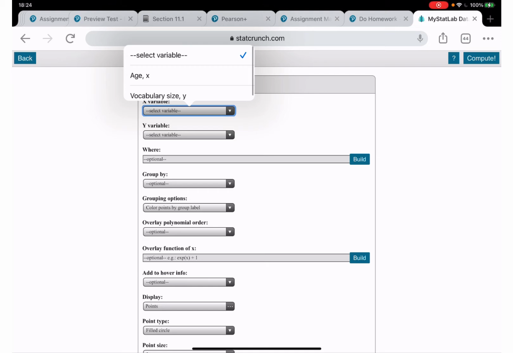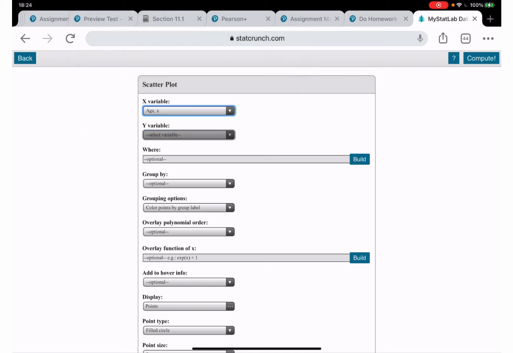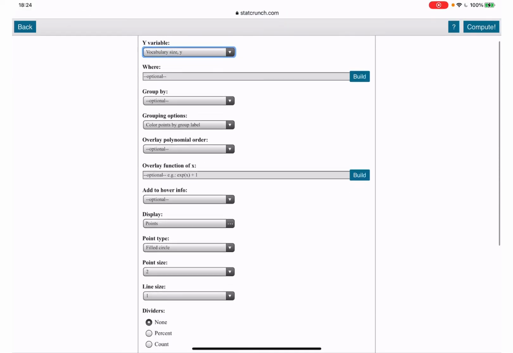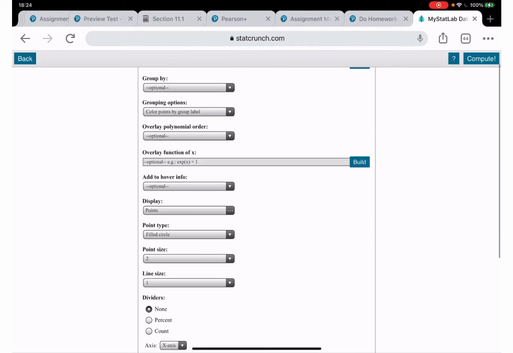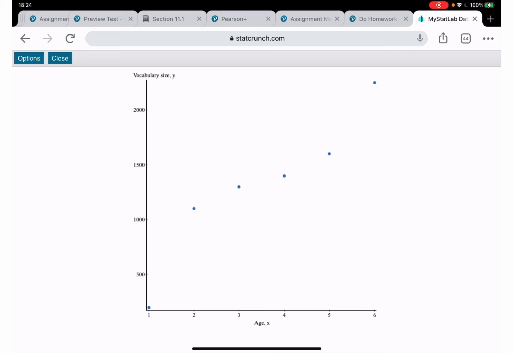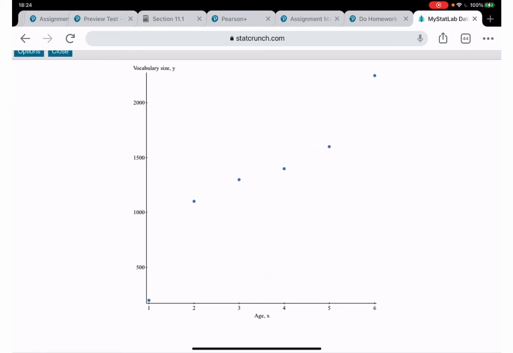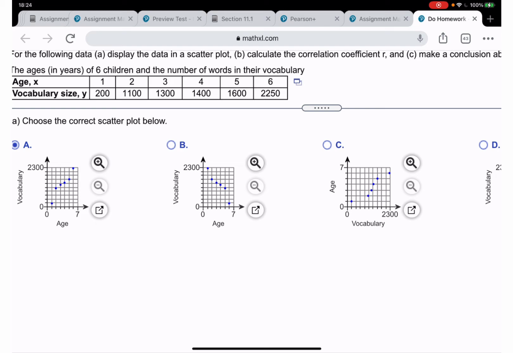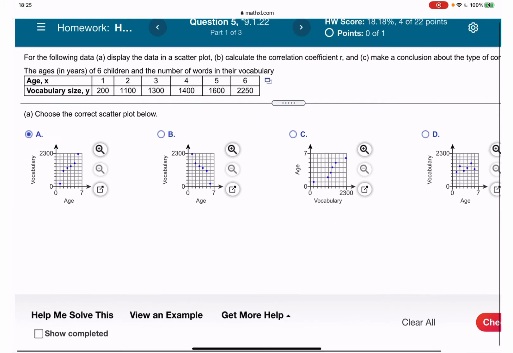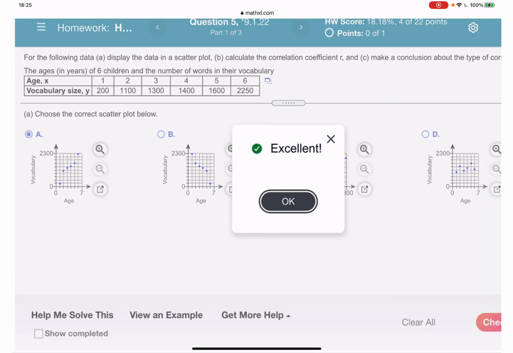So x is age, y is vocabulary. That's all we need. I'm clicking compute. See, we got exactly what I had. All right, let's close it. And now let's check it. Bingo.